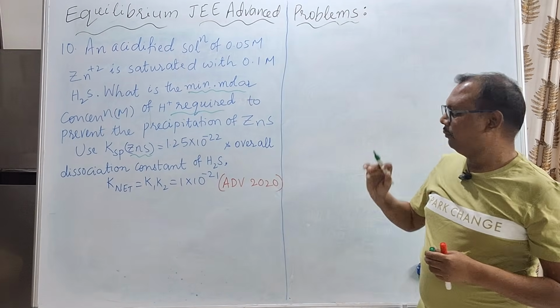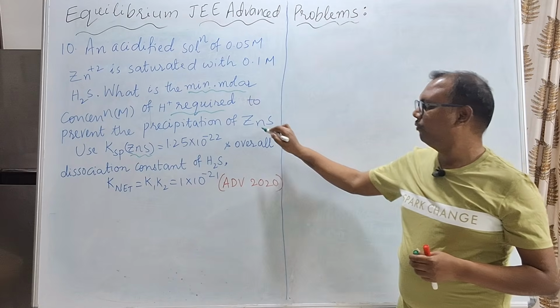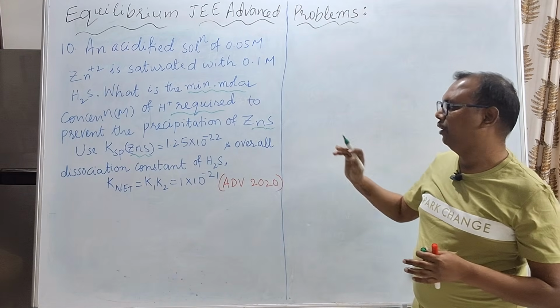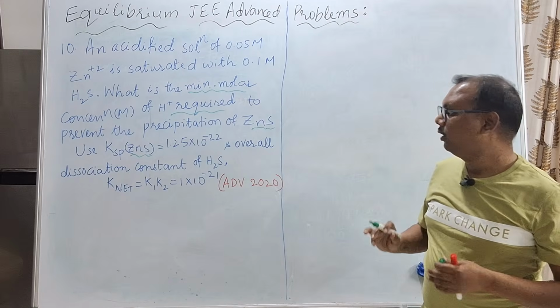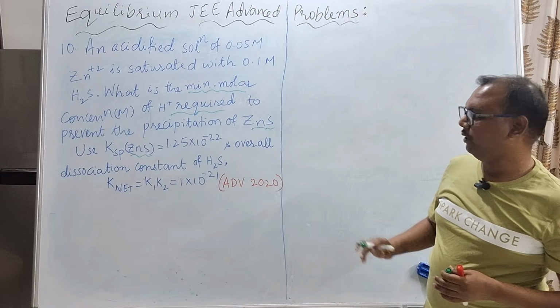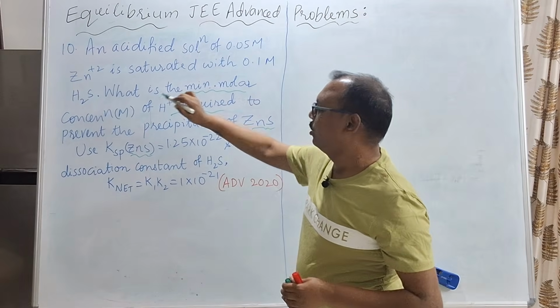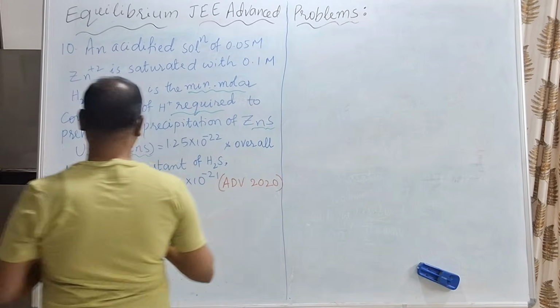That means we have to find the maximum concentration of sulfide ion. Yes, it's very similar, and with respect to H2S, it is saturated with 0.1 molar H2S.